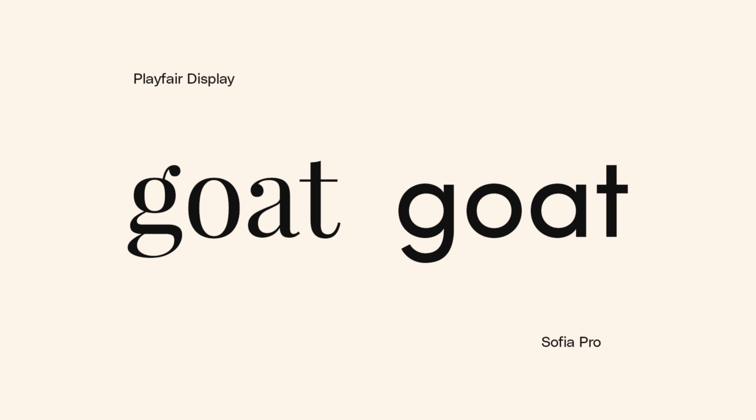They are almost perfect circles. The letter A also has a different structure. This is known as a single story A, as opposed to the double story A used in Playfair Display. Also, look at the lowercase t and how it's much more minimal in Sophia Pro. So whenever you're in doubt about pairing typefaces, just remember these two principles, distinction and harmony.